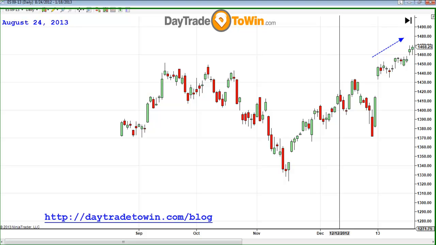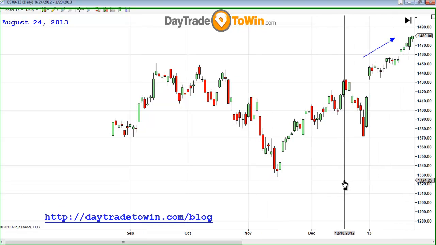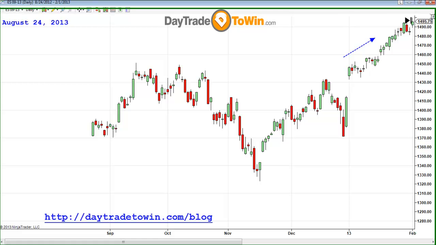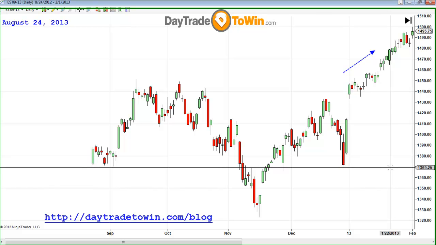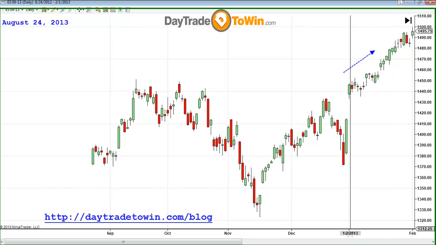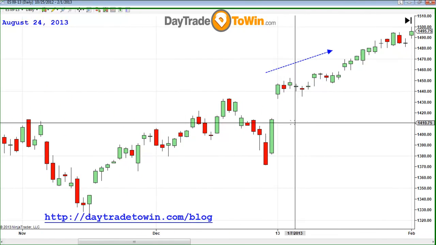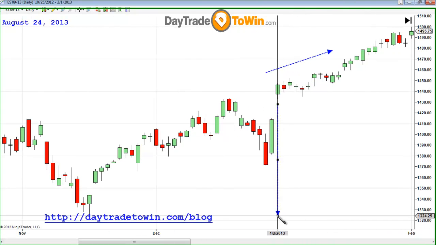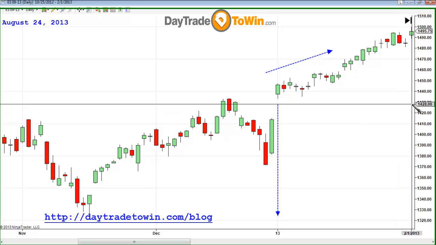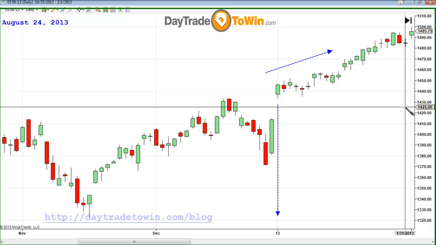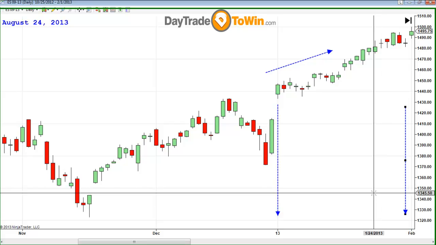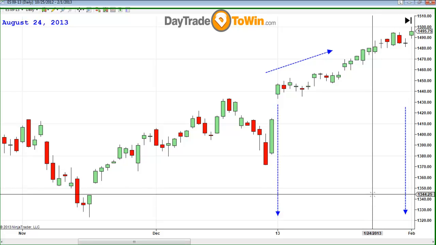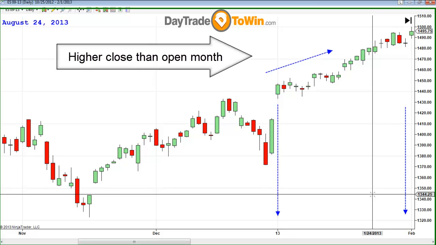You should know this. So here we have the market moving higher and higher, and now what, right? Well, this January effect, for those of you who are new to it, takes what happened January 1st to January 31st, right here, and begins to make a formulation about whether it was a higher close than open month.